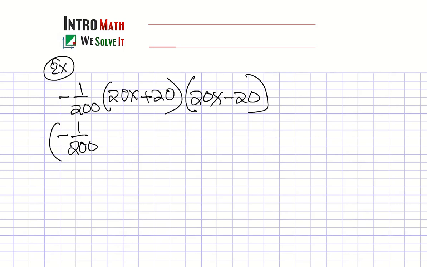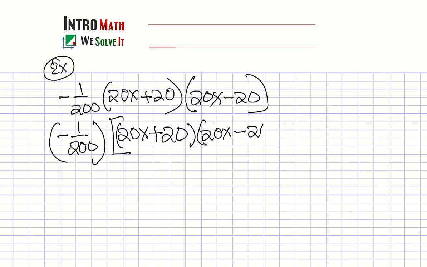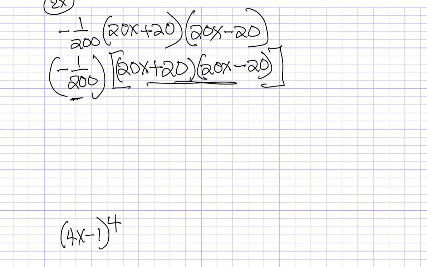We'll isolate that, then we'll deal with this: 20x plus 20, 20x minus 20. We deal with that inside, and then we'll come back and use this to multiply everything.